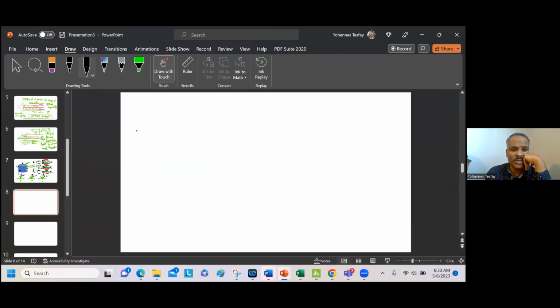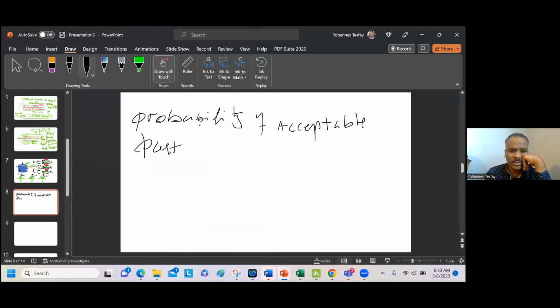So the probability of success, or acceptance rate, the probability of acceptance, the acceptable part, or we call it what? Conforming, okay?